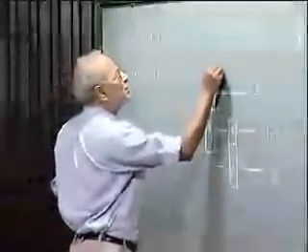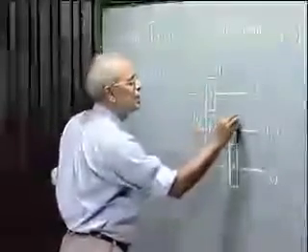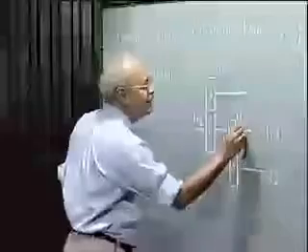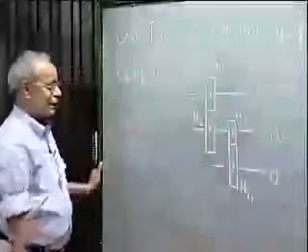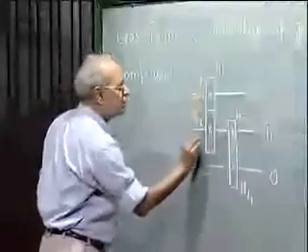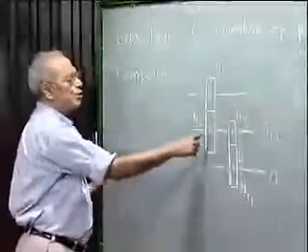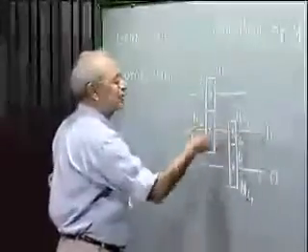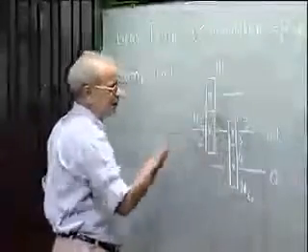Let the number of teeth be N1, N2, N3, N4, because gear number 1, 2, 3, 4. Because gear 2 and 3 are both connected to the intermediate shaft, their speed will be same. That is the speed of this shaft.